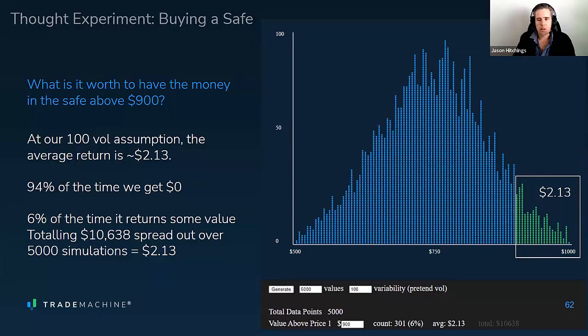And if you divide that by the 5,000 times that you attempted this, you come up with a value of $2.13. Now there's some randomness. The true value might be $2.10 or $2.15, 20 cents. But that's a ballpark for what that option is worth to us with this distribution. 94% of the time you get zero. On average, you end up getting a little over $2.